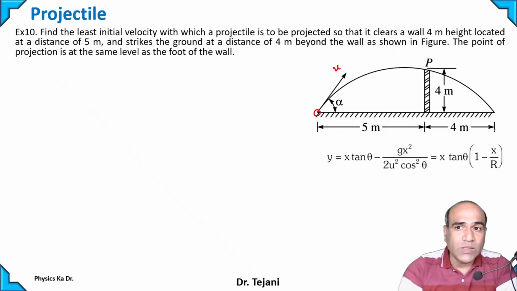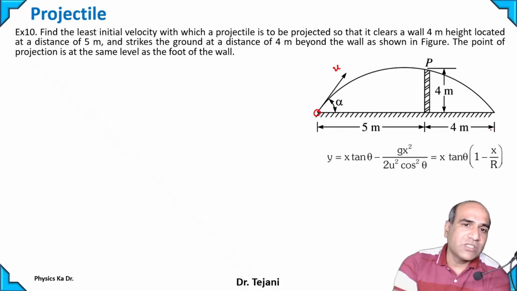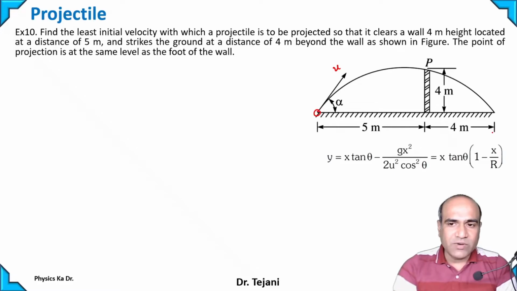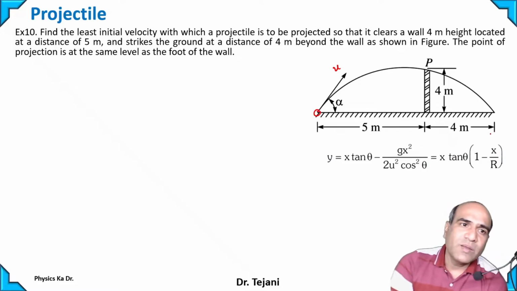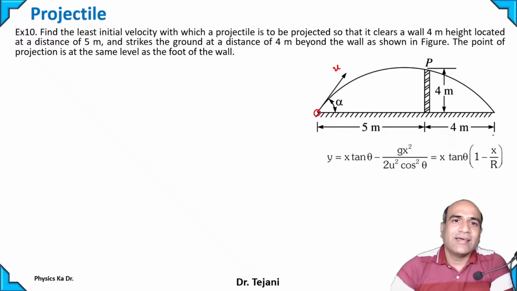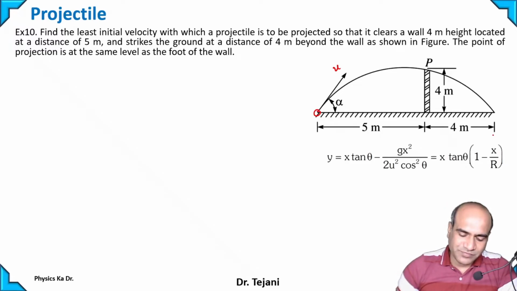You need to convert this into a drawing. If it is not given in the examination, the drawing will not be there, but here it is given. The point of projection is at the same level as the foot of the wall.